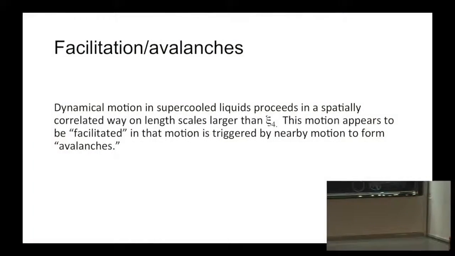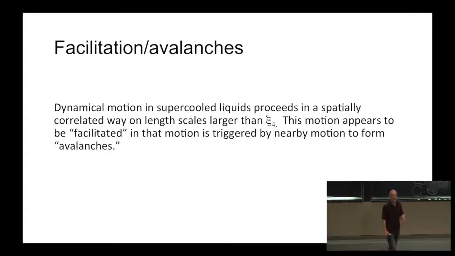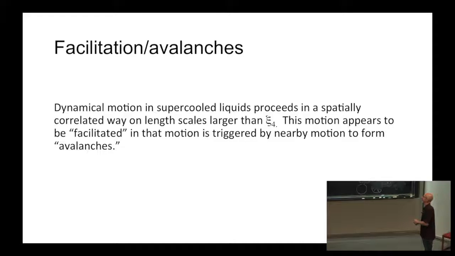What I want to go into a little bit more depth right now is how dynamical mobility propagates through the system. And one thing that I'll point out is that empirically, at least in some systems, it appears that there are longer length scale spatial correlations where motion of particles of the kind that I showed you form clusters, and those clusters basically cause motion nearby so that you have spatially correlated avalanches in the system.